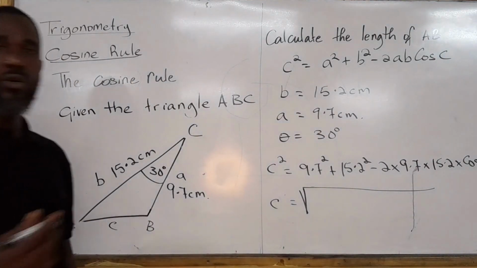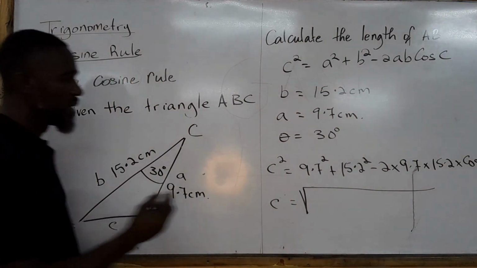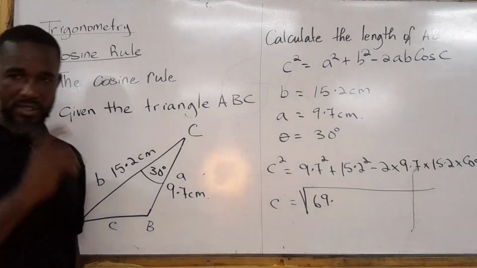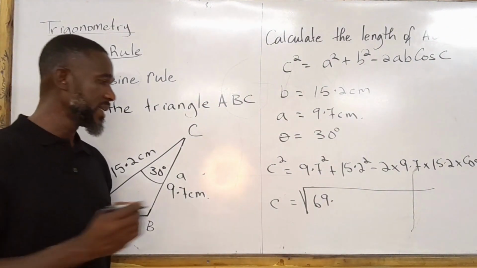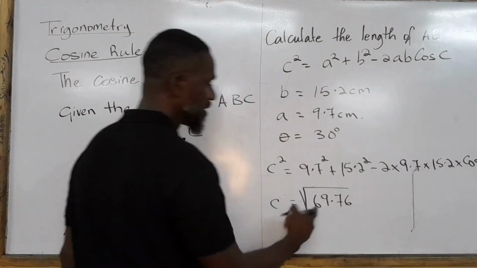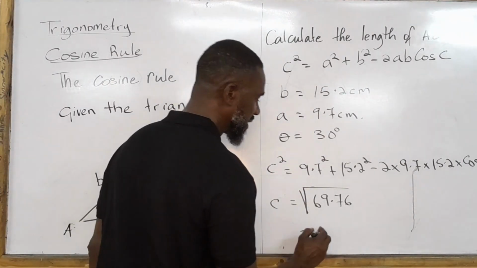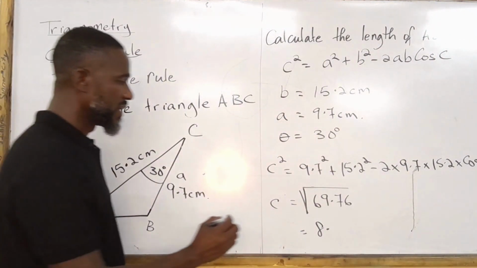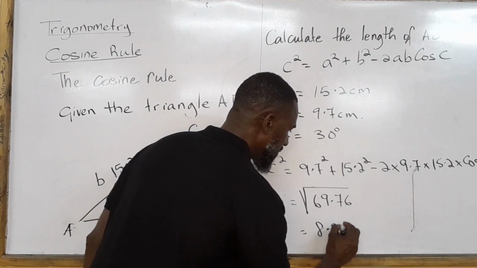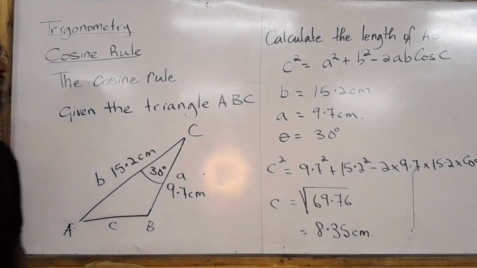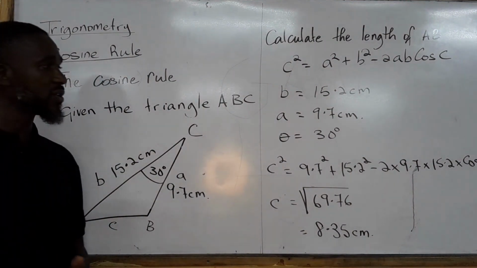This here is 69.76, and the square root of 69.76 is equal to 8.35 centimeters. So this is how we go about applying the cosine rule.